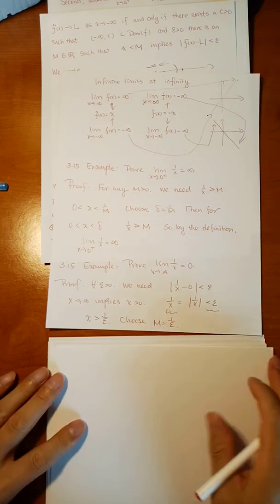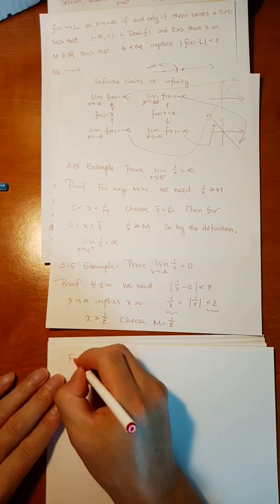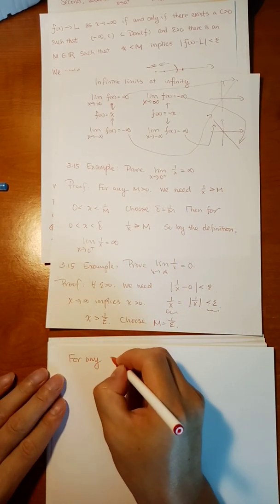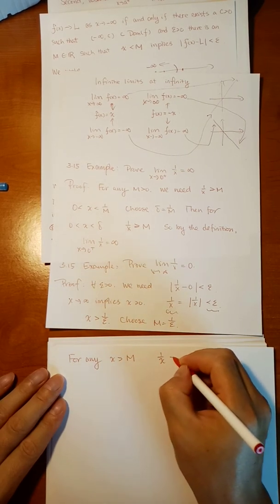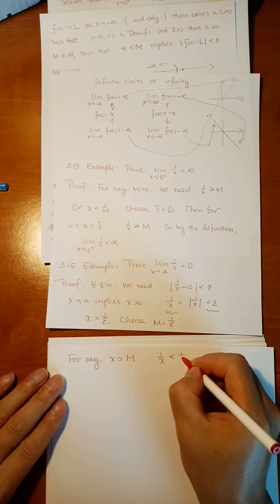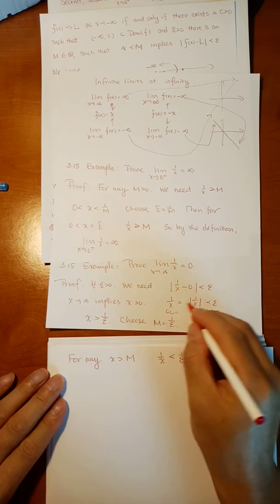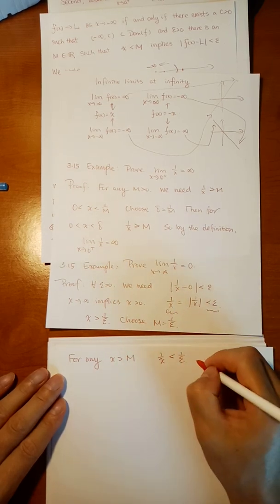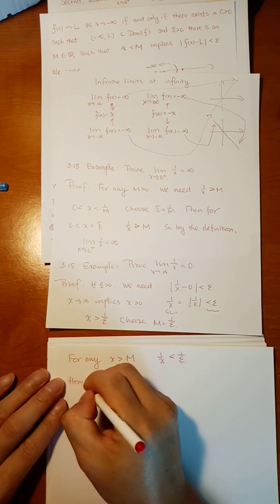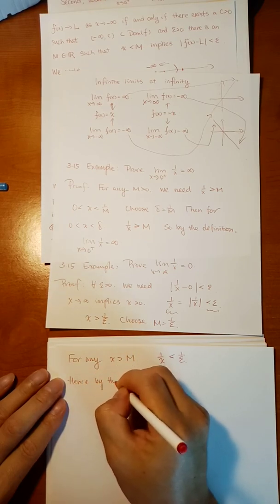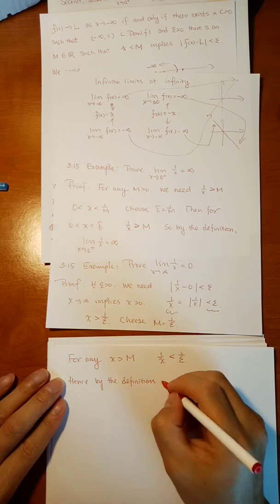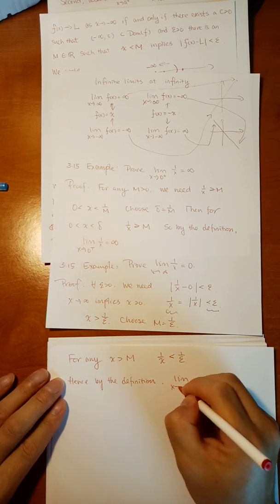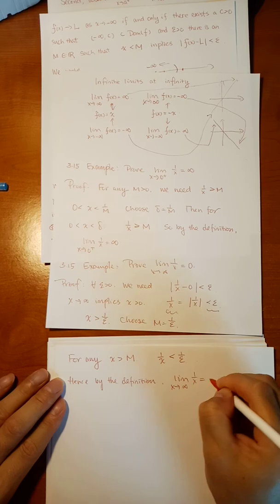For any x greater than M, 1 over x is going to be less than epsilon. And this is exactly what you need. And hence, by the definition, the limit as x approaches positive infinity of 1 over x is equal to 0.